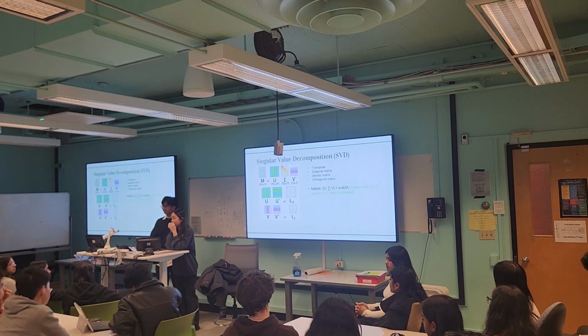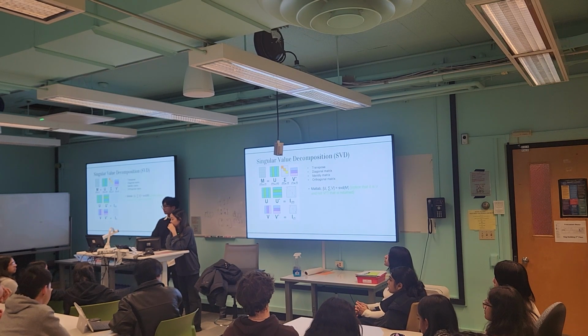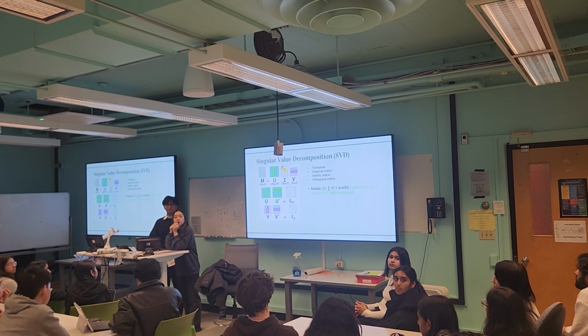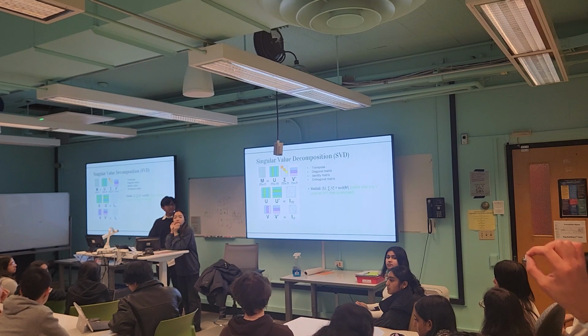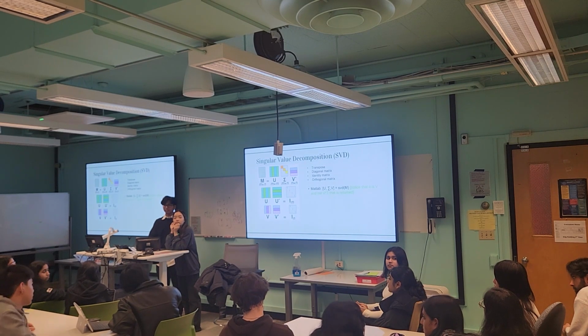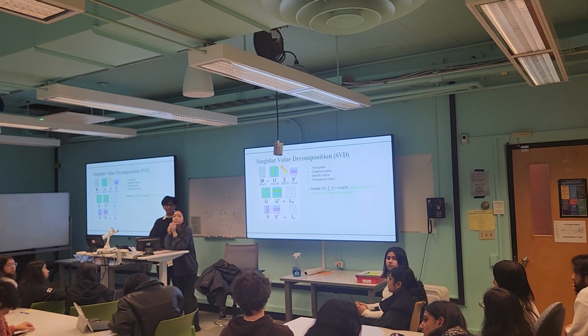That makes sense, but the sigma matrix is not a square matrix, and a diagonal matrix has to be a square matrix, right? I don't know about the technicalities, but in this case, it's not. The diagonal is where the row index and the column index are equal.